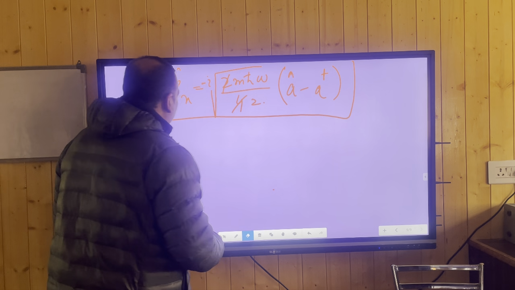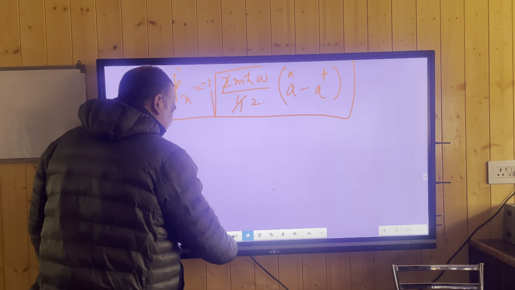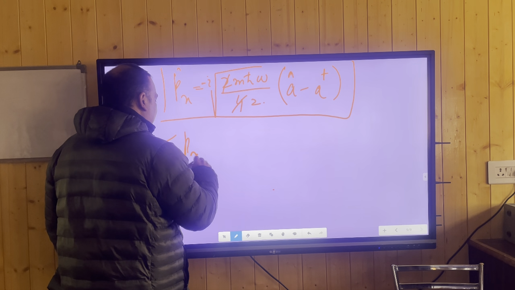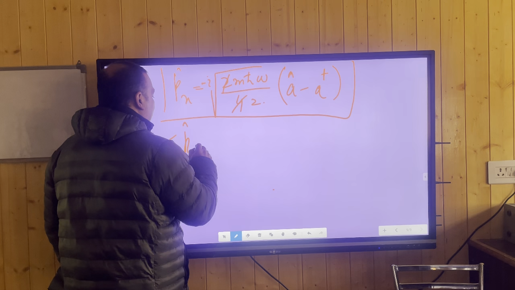Okay, so what I'm interested in now is calculating the expectation of the momentum operator.